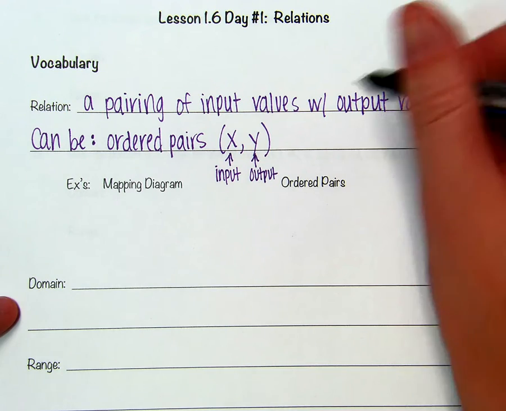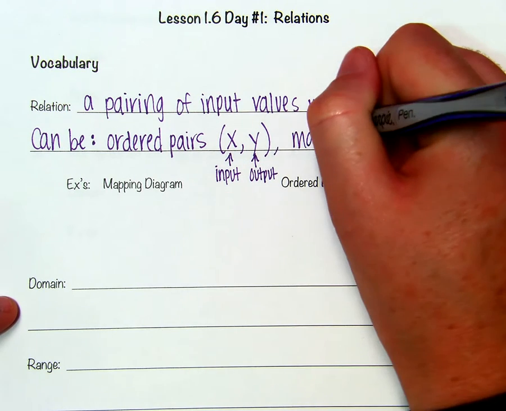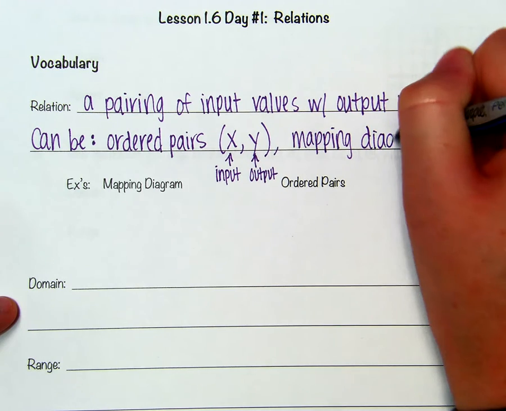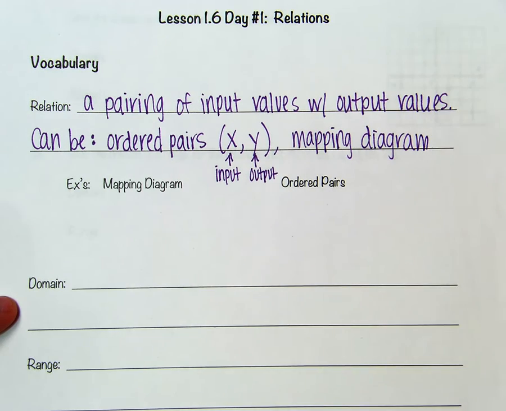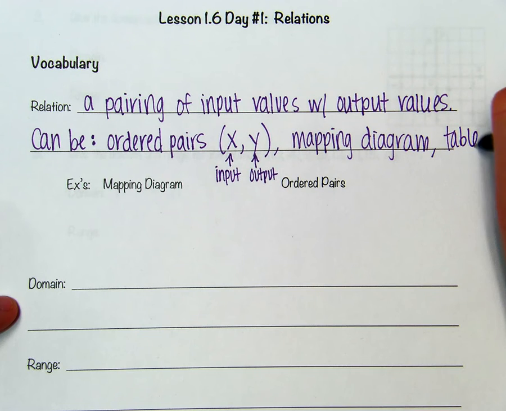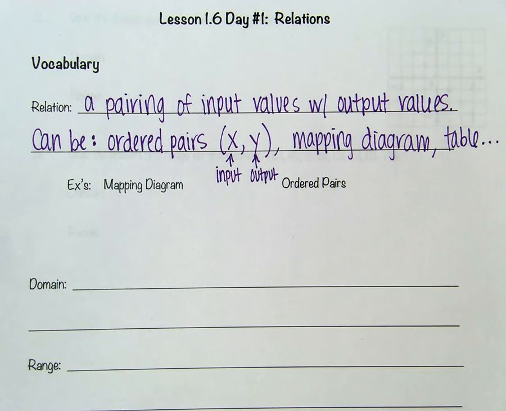It can also be represented as a mapping diagram. You'll see an example of a mapping diagram in a little bit here. And we could also represent it as a table. And there's even more, so I'm just going to put ... as well. So I'm going to give you an example of mapping diagrams real quick.